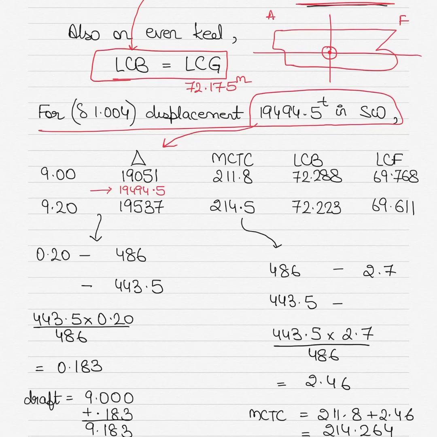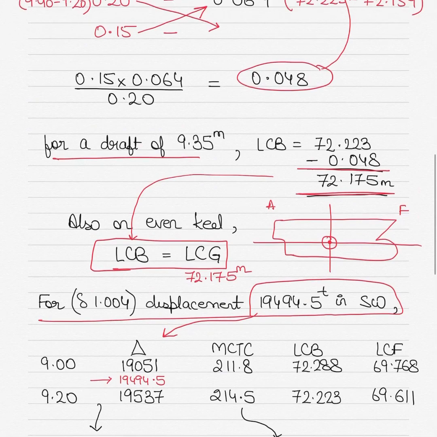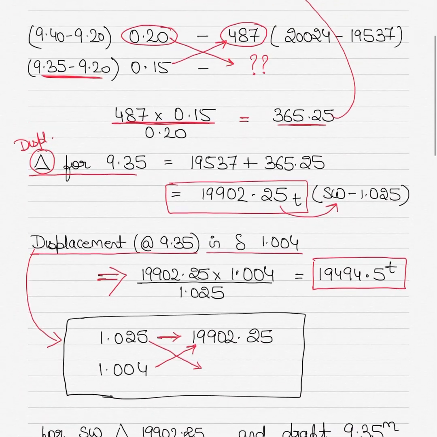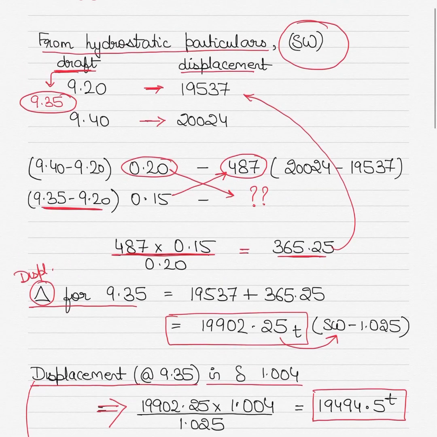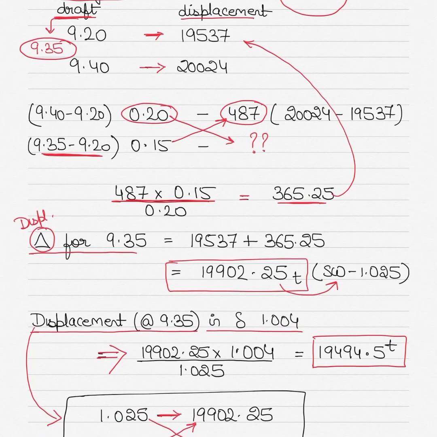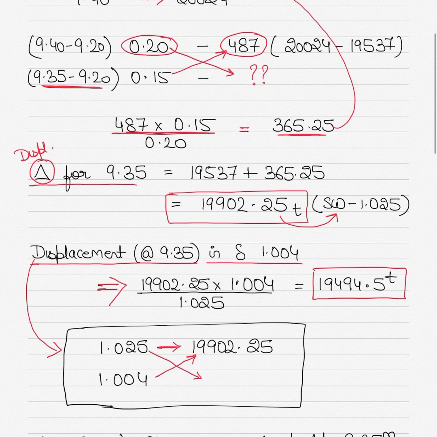Remember, we calculated the displacement for seawater above. Then we calculated the displacement for dock water. So if you see from the beginning, we calculated firstly the displacement in seawater, and then we converted it to the displacement for dock water. That is 19494.5 tons. Now this is the displacement in dock water.